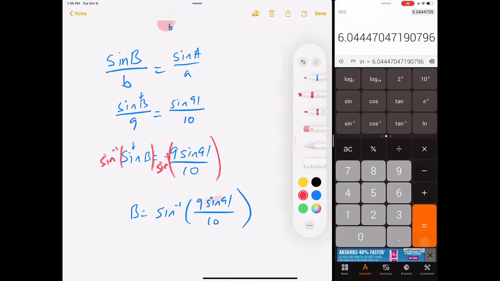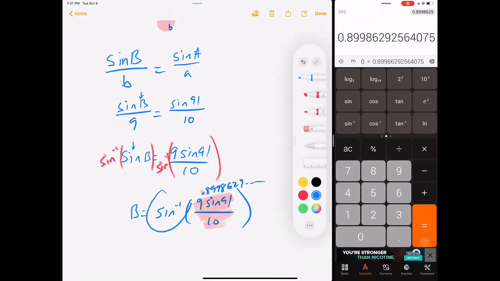So for this one, you have to know how to use your calculator, and you actually plug in this inside value first. 9 times sine 91 equals, divided by the 10 on the bottom, equals. Now, you have this number, 0.8998629, blah, blah, blah. But don't write that down. Go ahead and do the inverse of sine now.